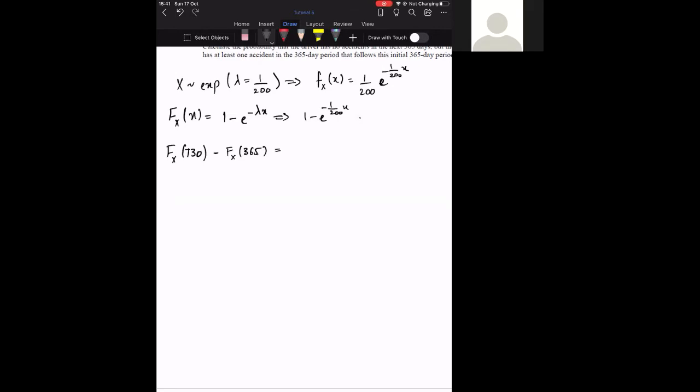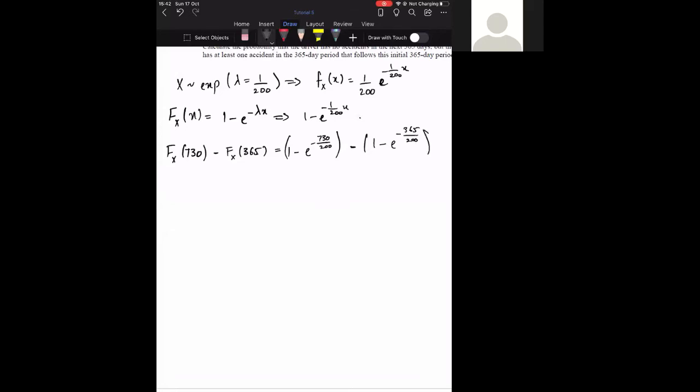If we plug it into the equation above, we get e to the minus 730 over 200, minus e to the minus 365 over 200.